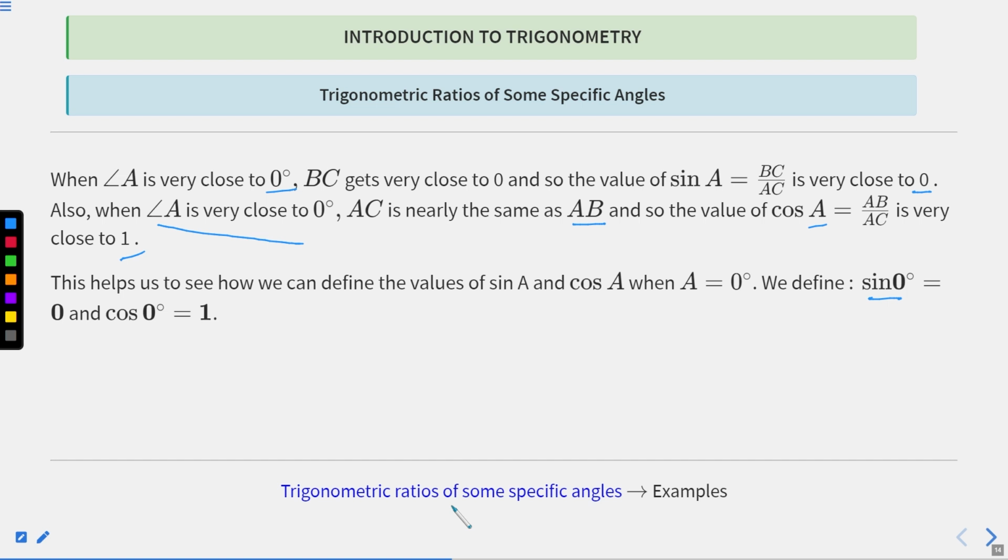Okay, and when angle A is very close to 0 degrees, then AC, this side, is nearly the same as AB. So the value of cos A, which is equal to AB by AC, is very close to 1. Okay, so we define sin 0 degrees equal to 0 and cos 0 degrees equal to 1.